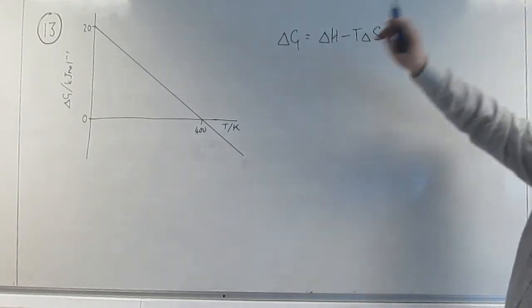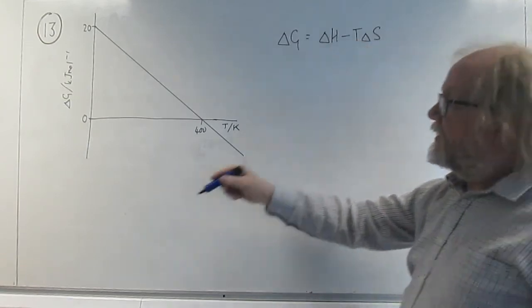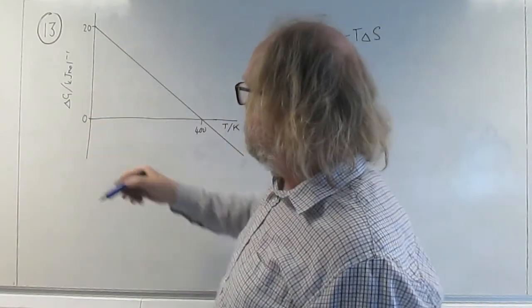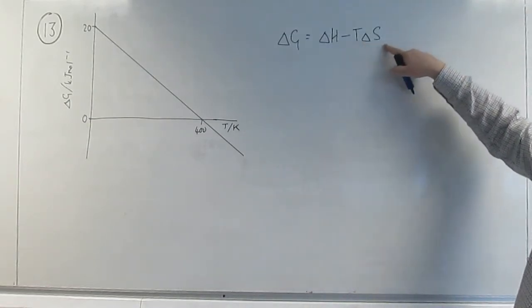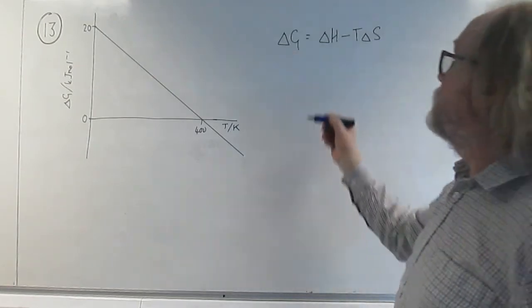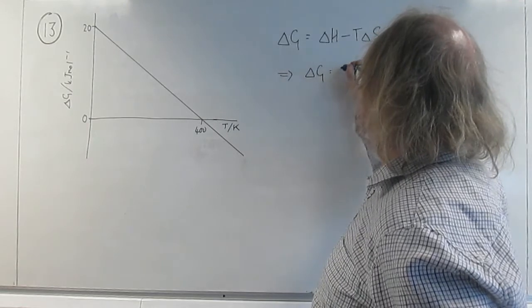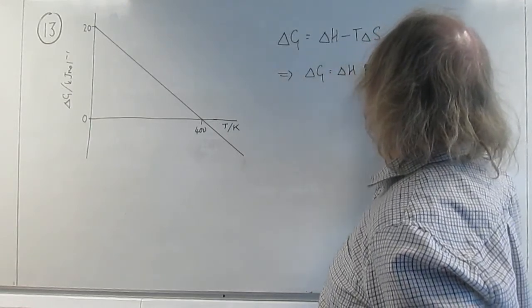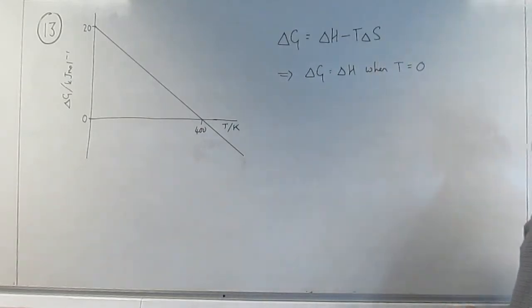And the important thing is that when T is 0, in other words, along this line here, when temperature is at absolute 0, if T is 0, then T delta S is 0. So therefore delta G is just equal to delta H. Okay, so this means that delta G is equal to delta H when T equals 0, because that term just vanishes.